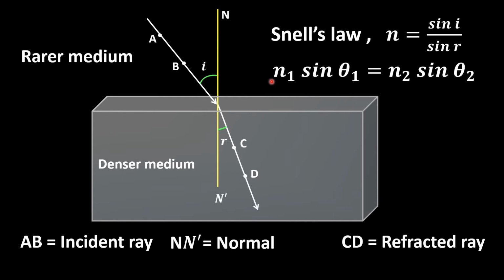So in this case n1 is less, refractive index is less, theta 1 is more, and here n2 is more, hence theta 2 is less.